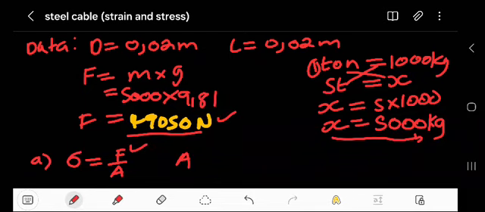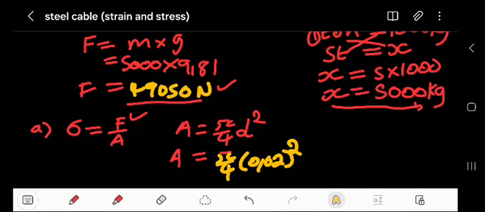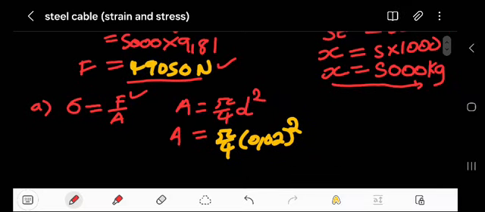Okay, let's calculate the area. Pi over 4, remember, we calculate the area of a cross section, which is the circle. Pi over 4 into our diameter, remember it was 0.02, squared. Punch this on your calculator.